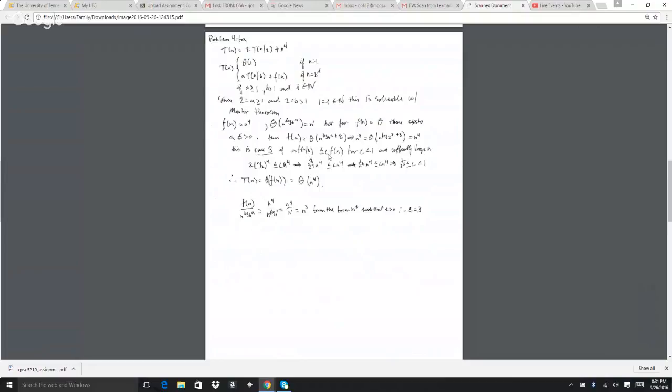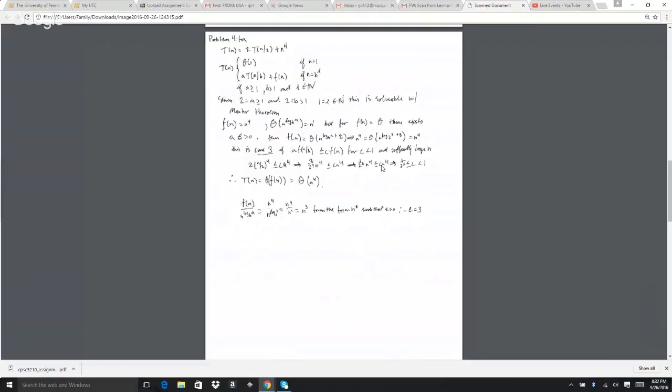F of n over b is less than c times f of n. So this is the last condition that you need to validate for sufficiently large n. So 2 times f of n divided by b to the fourth is less than c n to the fourth. Continue on the math. That's 2 over 2 raised to the fourth, times n to the fourth, is less than c times n to the fourth. 1 over 2 cubed, or 1 over 8, times n to the fourth, is less than c times n to the fourth.